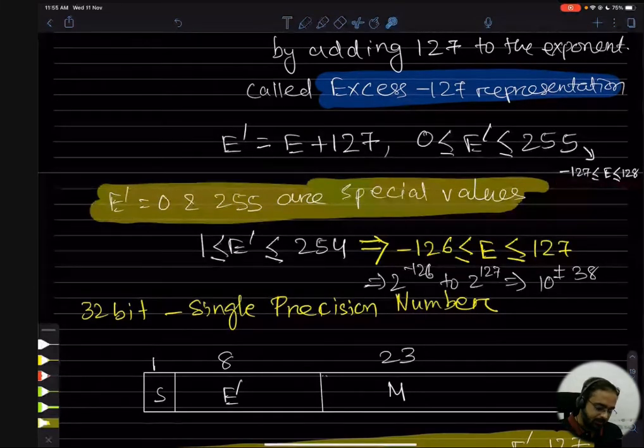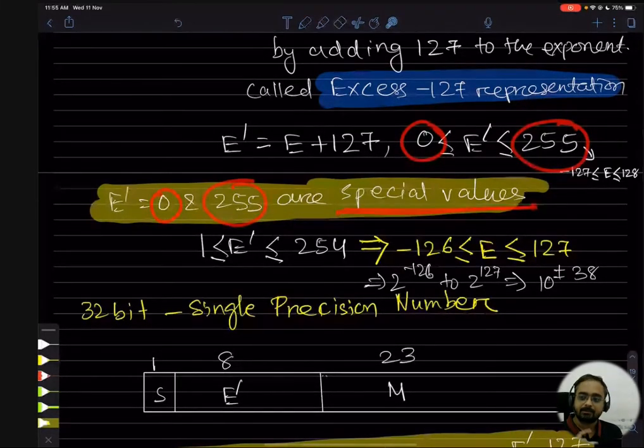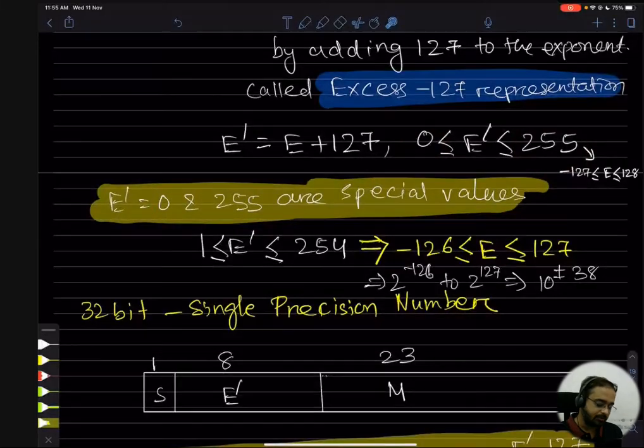In this, the 0 value and the 255 value are special values, they have some special use. So the biased exponent that you can use is 1 to 254. Remove 0 and 255.